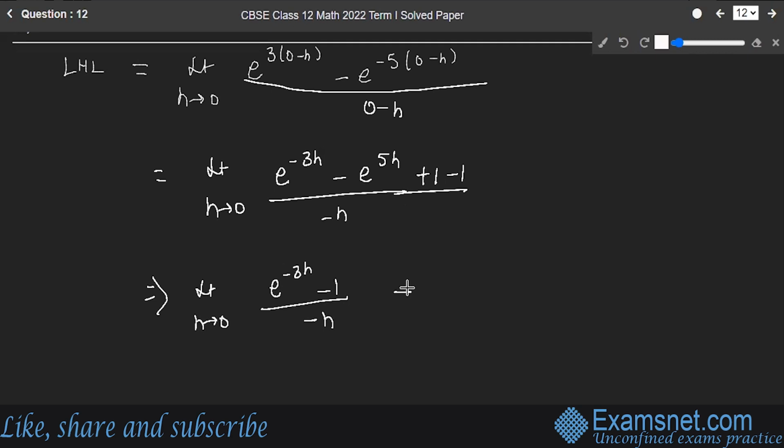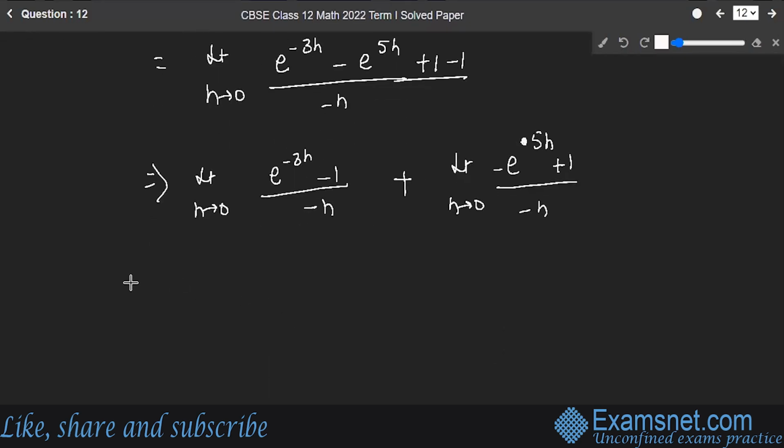Then this is plus limit h approaching 0 minus of e raised to power 5h, and here will be plus 1, upon minus h. Hope you got this. So limit h approaching 0, this can be written as e raised to power minus 3h minus 1 upon minus h. I will leave as such.